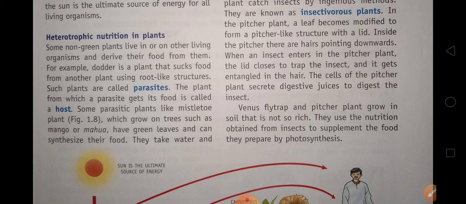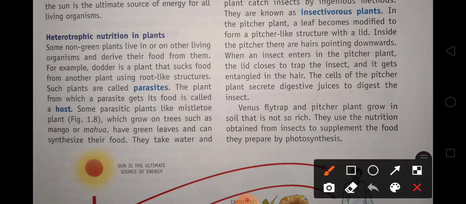For example, dodder is a plant that sucks the food from another plant using root-like structures. These types of plants are known as parasites. The plant from which a parasite gets its food is called the host.